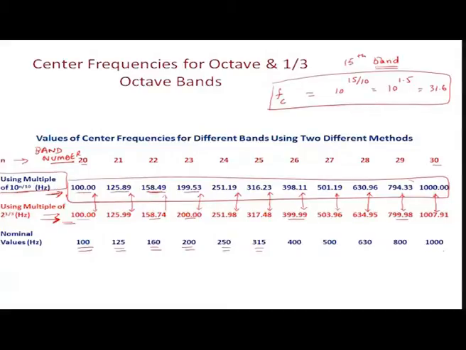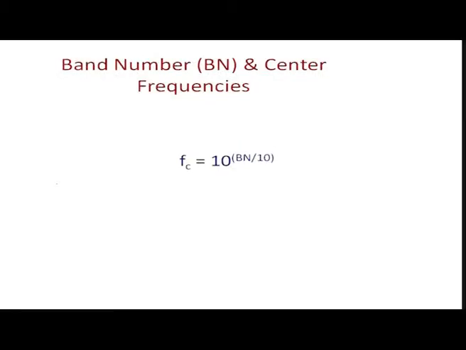But this method uses band number to compute the central frequencies of different octave bands. Let us look at finally this. Central frequency is nothing but 10 to the power of band number divided by 10.